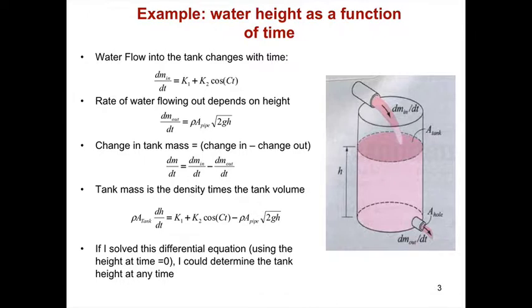So I have a differential equation where the time component comes in from the flux in that is time dependent, and I also depend on h itself on the other side. Essentially, dh dt is a function of both t and h itself.